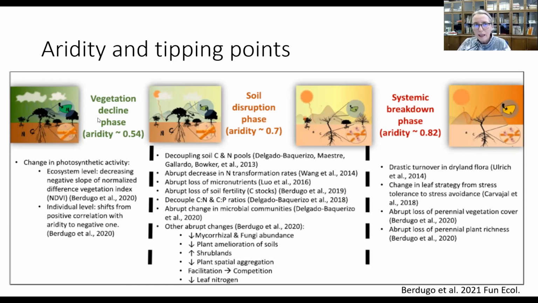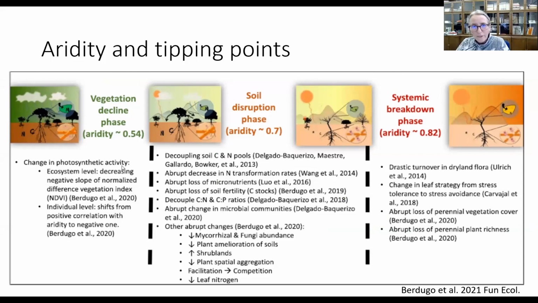So they are saying that with increasing aridity, there is not continuous change in ecosystem functions, but there are thresholds where everything is changing abruptly. And they are describing these thresholds like along aridity 0.5 or 0.7.